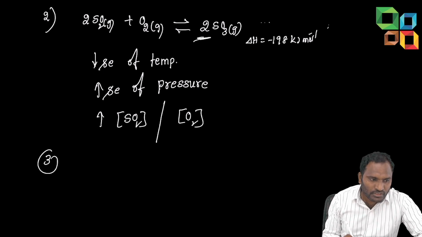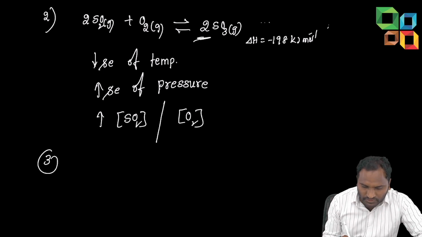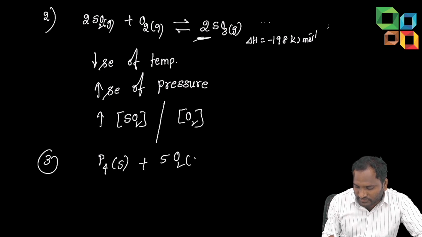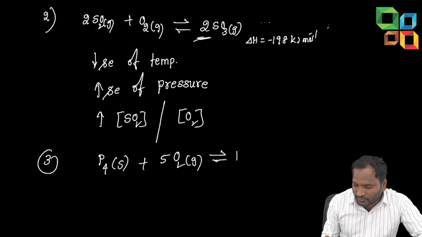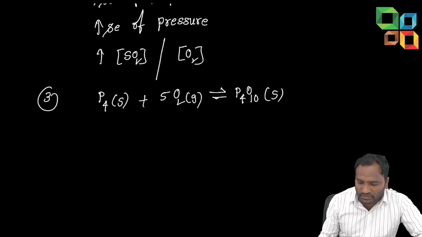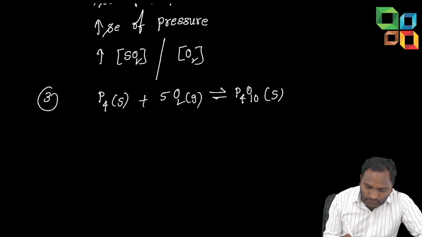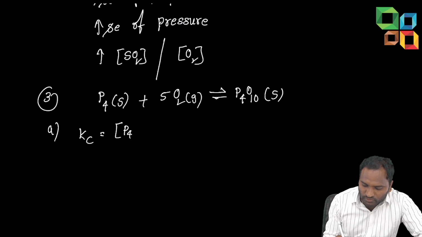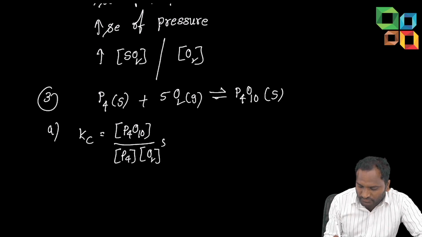Third application. What is the equilibrium constant expression for P4 solid plus 5O2 is in equilibrium with P4O10 solid? So here sending the answer is difficult. I'll give the options. Just send the option only. Option A: Kc is equal to P4O10 by concentration of P4 into concentration of O2 power 5.